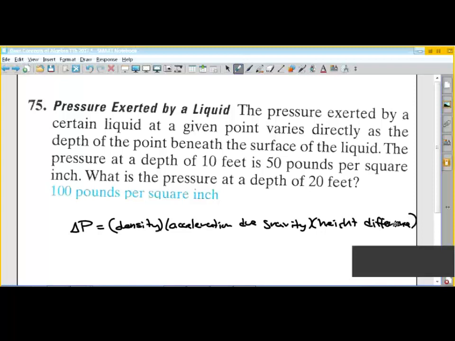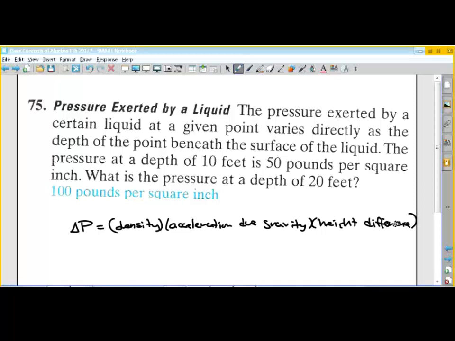So what they're saying is that the pressure at a given point varies directly as the depth. So this is the depth, and the other two things are constants: the density of the fluid and the acceleration due to gravity. The density of water, in SI units, is 1,000 kilograms per meter cubed.